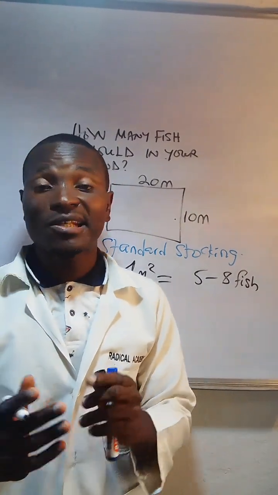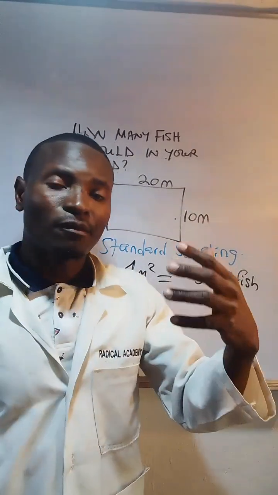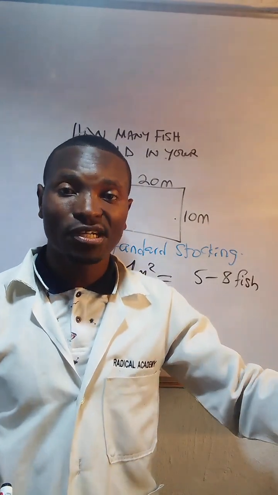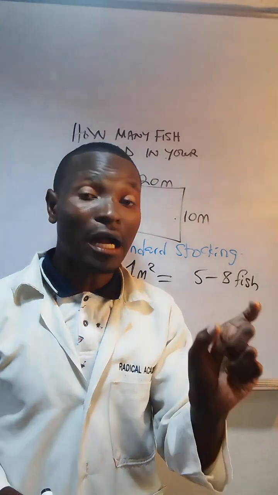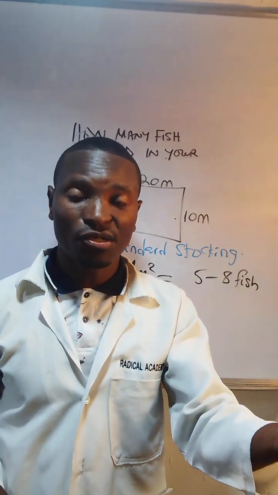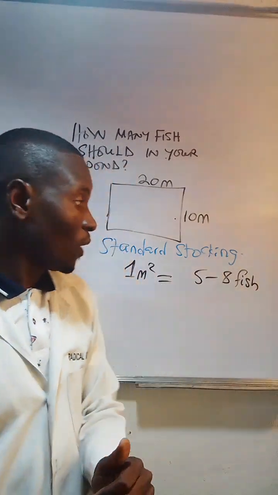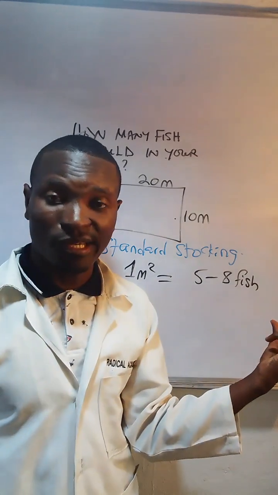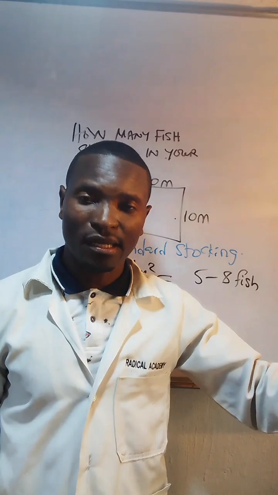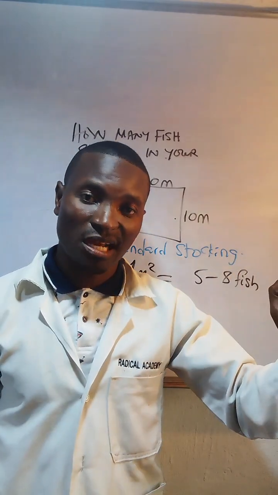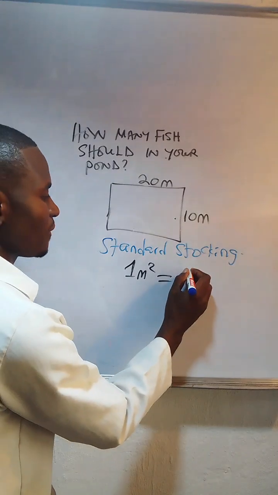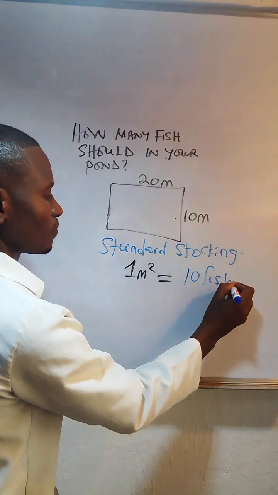It has been established, and you can read different sources or literature about stocking density, how many fish per square meter is required. This is a range: 5 to 8 fish, but also you can go up to 10. But I want to make things homogeneous.